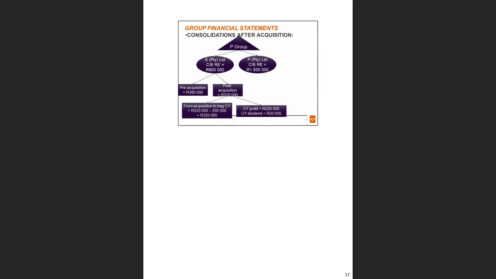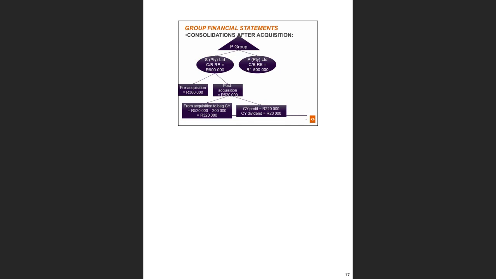They told us in the question that S had retained earnings on the 1st of January 2011 of 380,000 Rand. So we agreed that this 380,000 Rand is the pre-acquisition retained earnings, and this is going to be eliminated on acquisition by our pro forma journal entries.